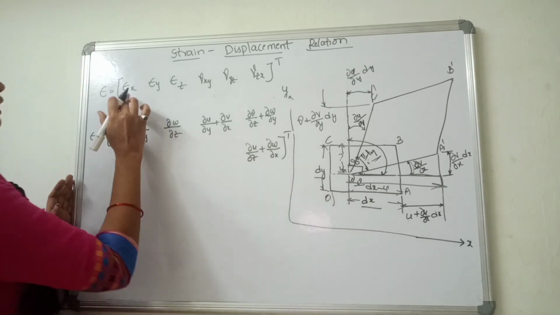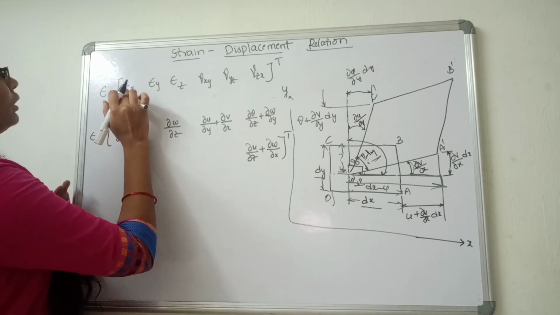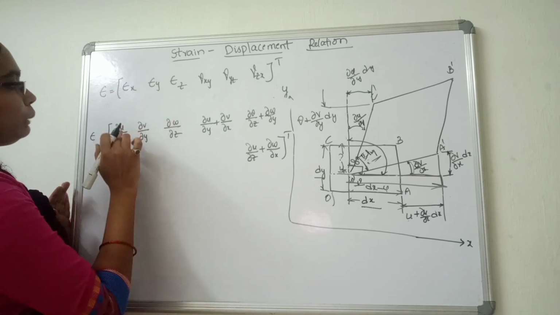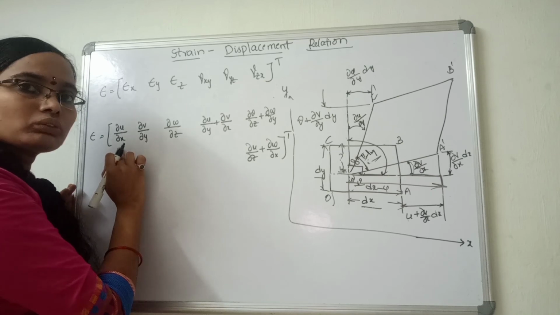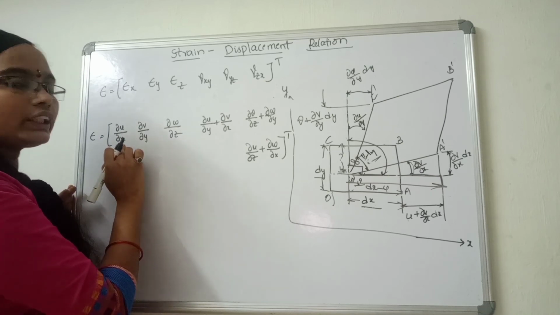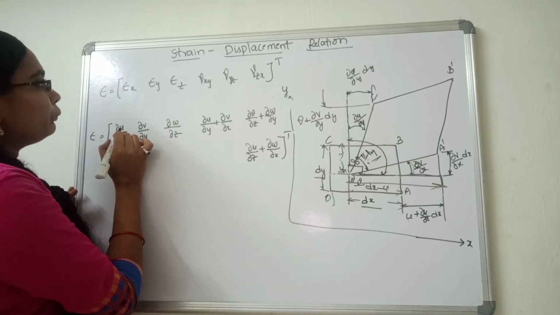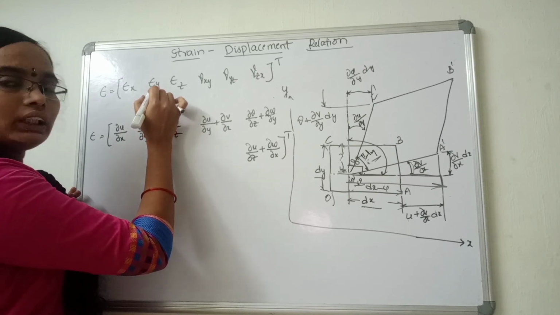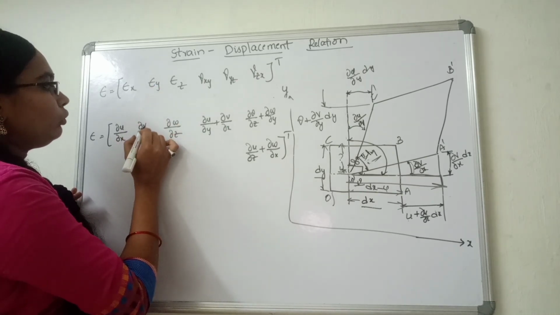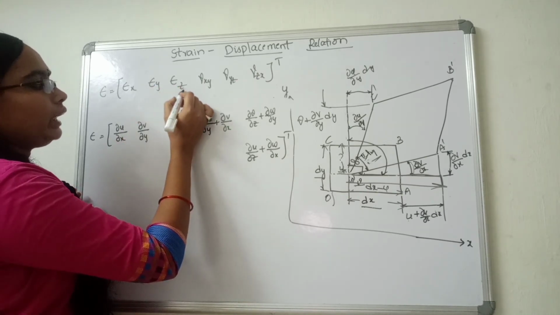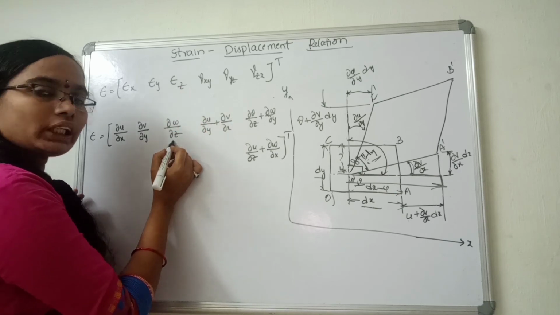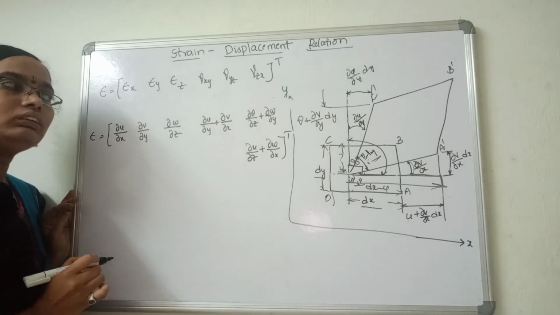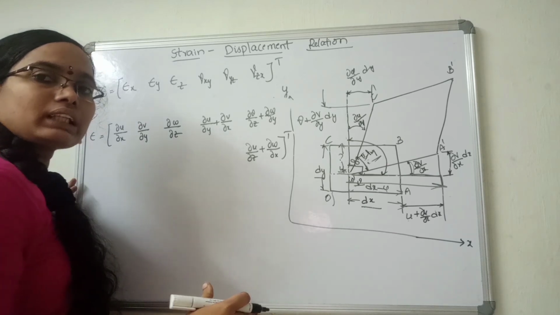So this is normal strain. Strain along x direction is nothing but dou u by dou x. Coming to along y direction, the strain is dou v by dou y. Along z direction, dou w by dou z. So these three are normal strains.